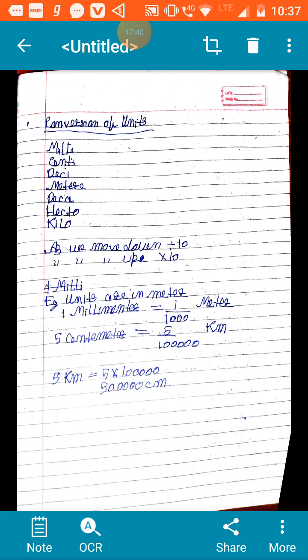Kilometer, hecto, deca, meter, deci, and centimeter: 1, 2, 3, 4, 5. 5 multiplied by 10,000, that is 50,000 centimeter.